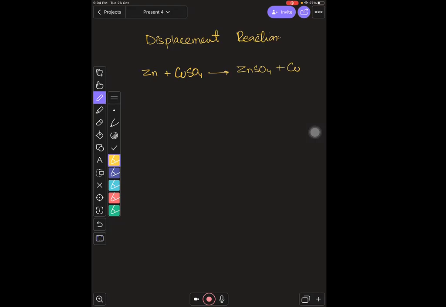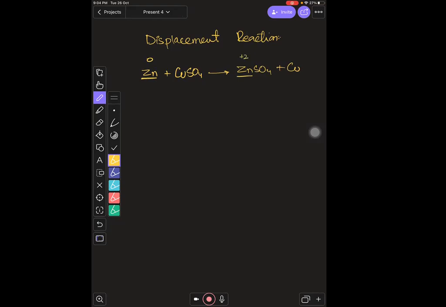I told you guys yesterday that the highly reactive metal has an ability to ionize. So you can see that this is the highly reactive one. Right now it is in its neutral state, but after the reaction it becomes ionized.